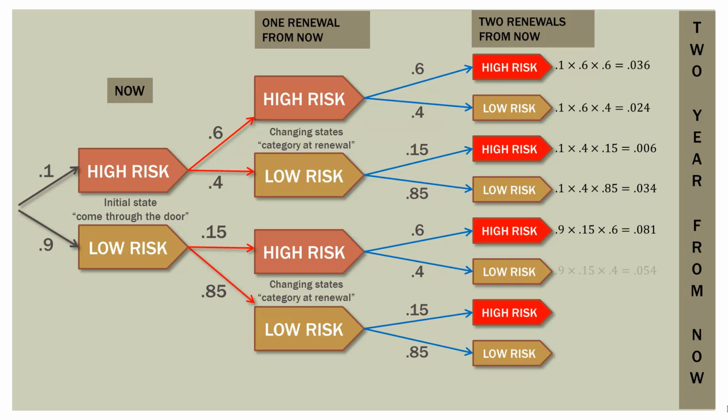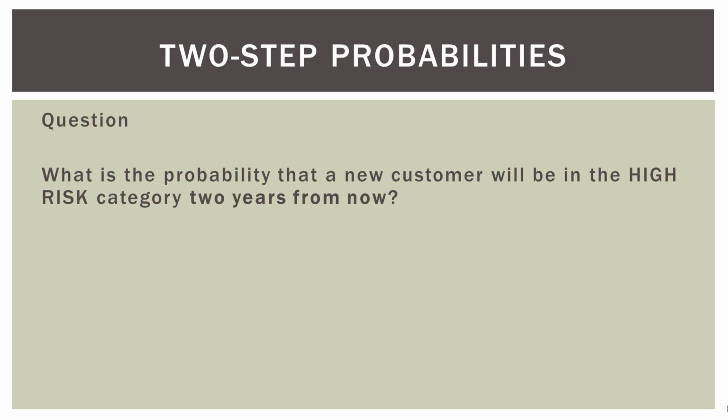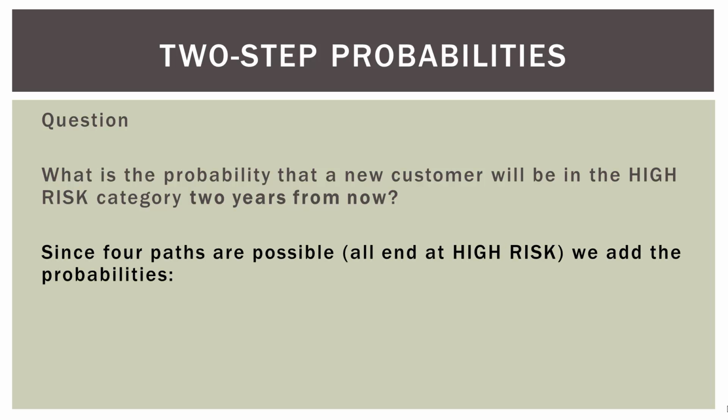These are our probabilities again. Now we're only interested in the probabilities associated with the high risk endpoints. So 0.036, 0.006, etc. The question was, what's the probability that our new customer will be in the high risk category 2 years from now? Since all 4 paths are possible and all end at high risk, we just add those together.